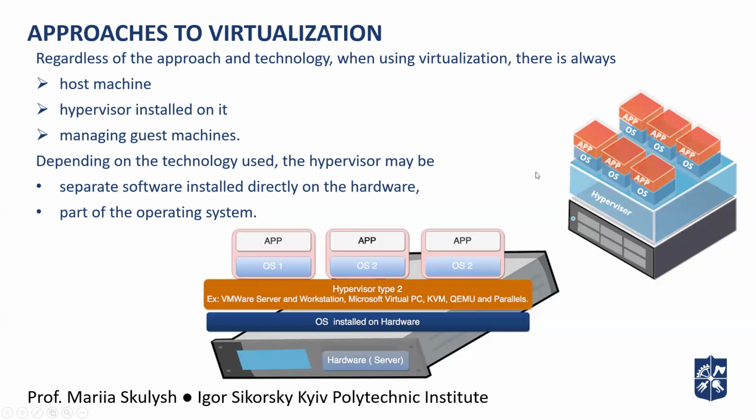From the other side, we have another picture where the system doesn't have its own operational system. You see just a hypervisor on the hardware, and then on this hypervisor you have different virtual machines for processing.